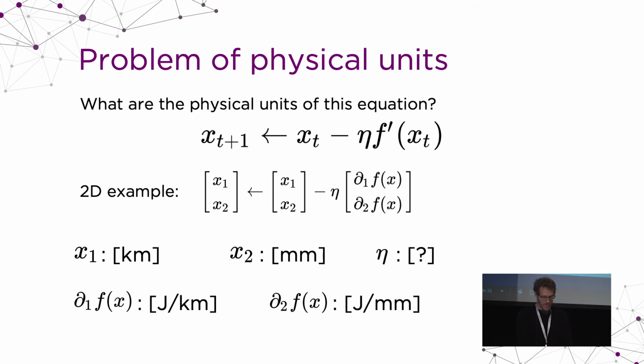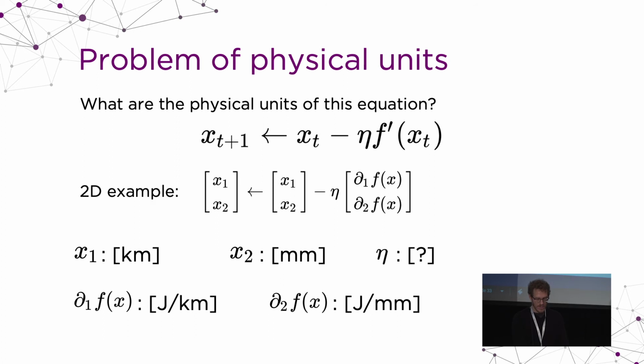And here the first partial derivative, the units will be joule over kilometers, and the second one will be joule over millimeters. So how can I convert this quantity to have the same physical units as these two quantities, to obtain kilometers and millimeters? If eta has no physical units, then I'm adding things that are completely different in terms of physical units. They are not the same thing at all.